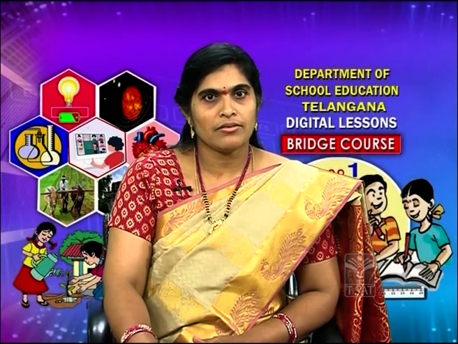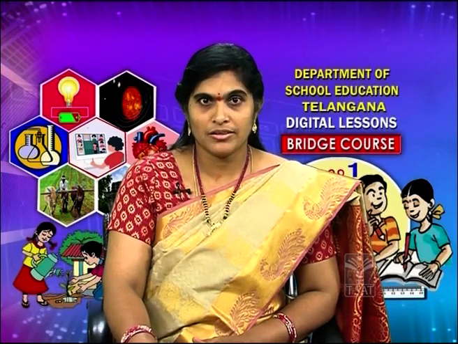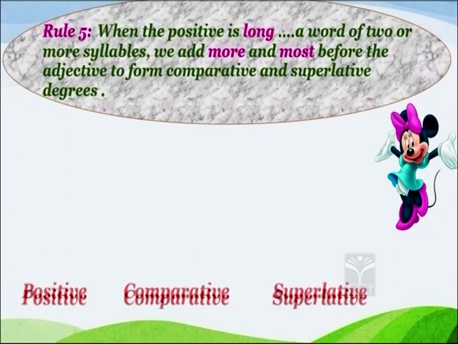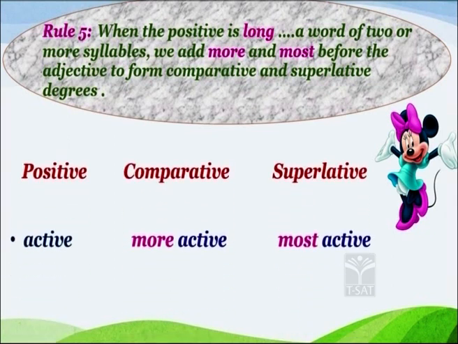We are with our rule number 5. Shall we all know, children? Okay, let us see. When the positive is long, a word of 2 or more syllables, we add more and most before the adjective to form comparative and superlative degrees.